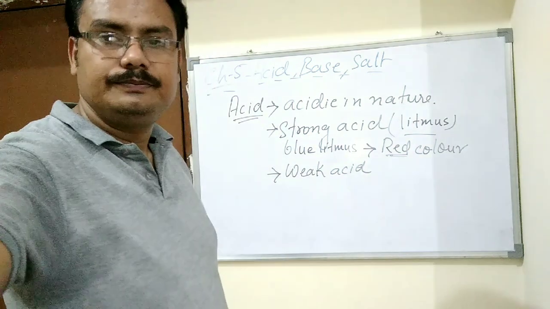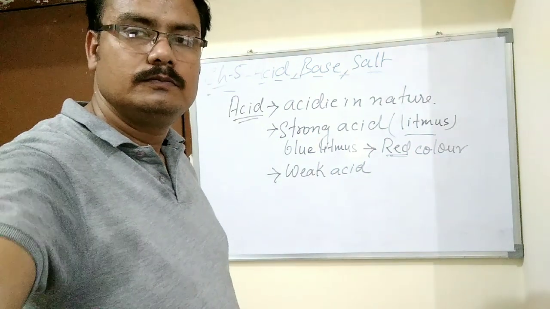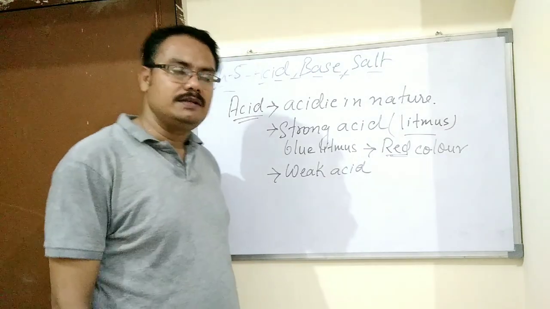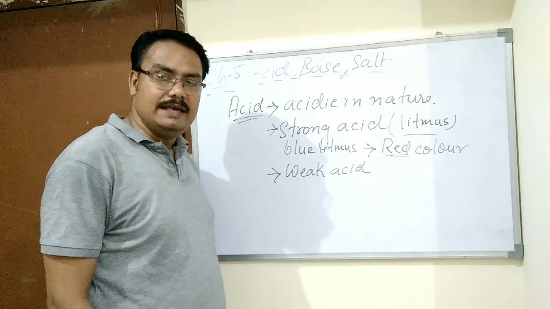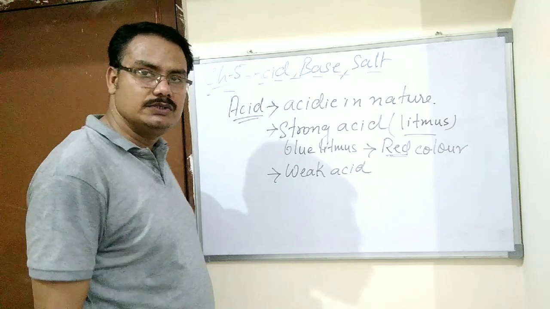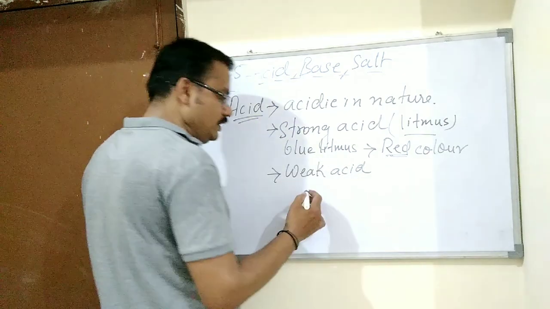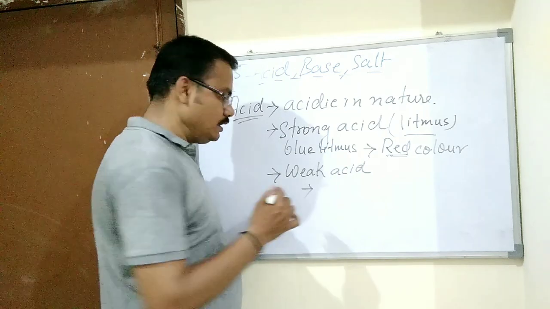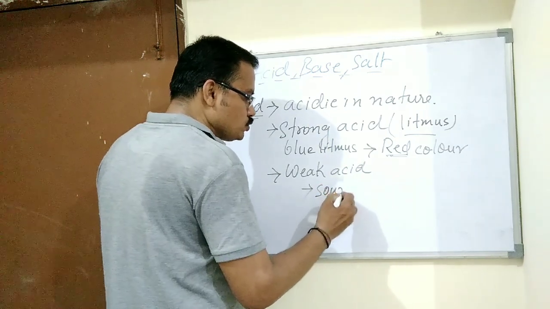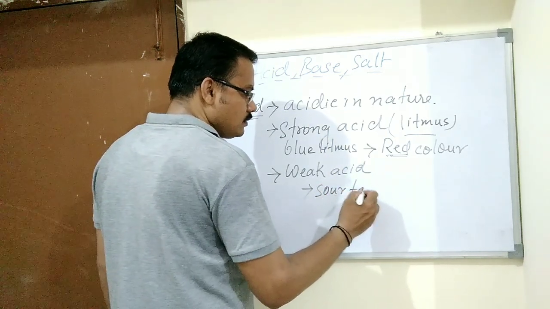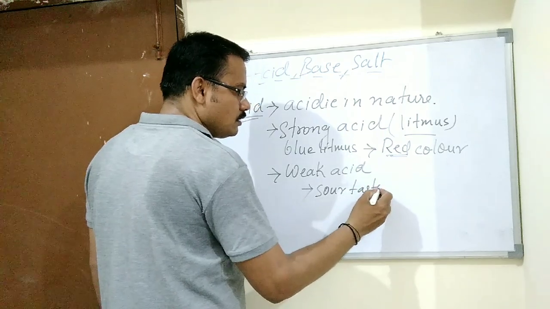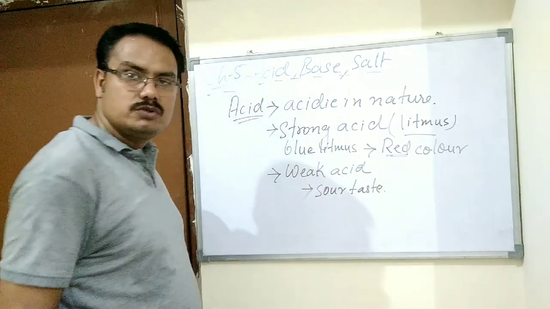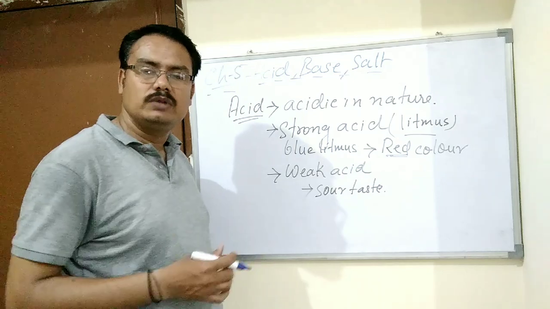it proves that it is acidic in nature. And what about weak acids? We can check it by tasting it. It is sour in taste. Sour in taste means स्वाद में खट्टा होता है.